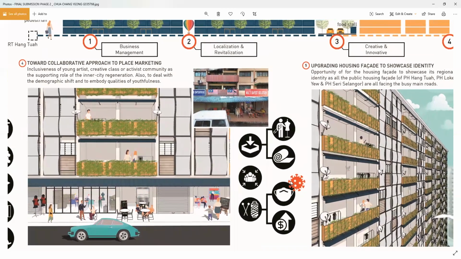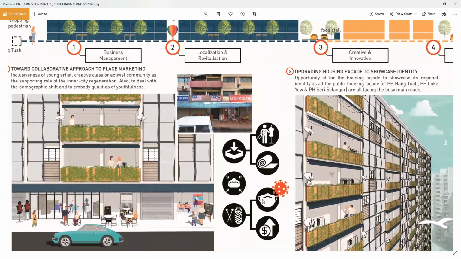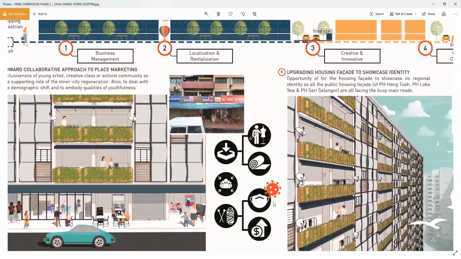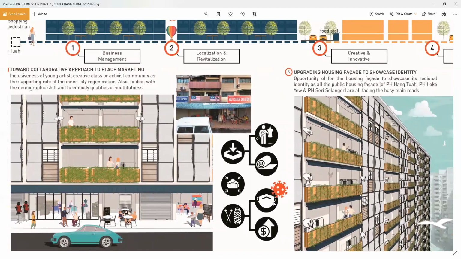At the same time, during the pandemic, they can actually turn their skills into something that can contribute to the pandemic. For example, making masks, protective masks, or protective costumes. As I know, AirAsia themselves also have costumes that try to protect against the virus.